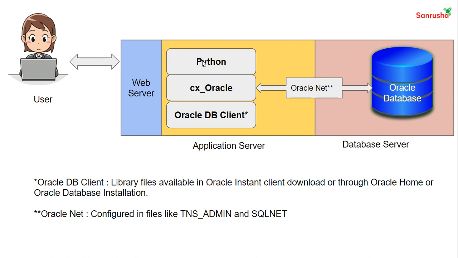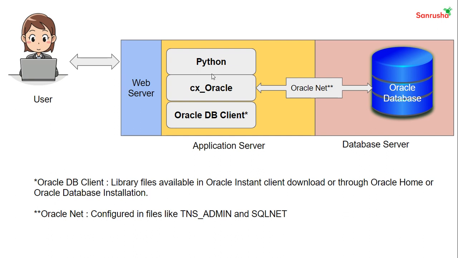Like any library you import when you write a Python program. You import NumPy, you import pandas, like that. When you write a Python program, you will write the command import cx_Oracle. Of course, we will talk about it in more detail when you write Python programs.